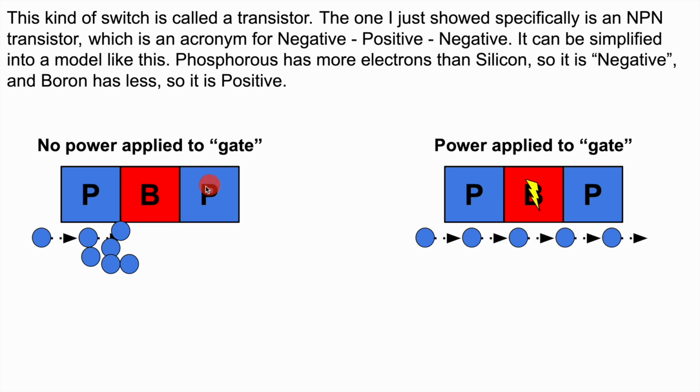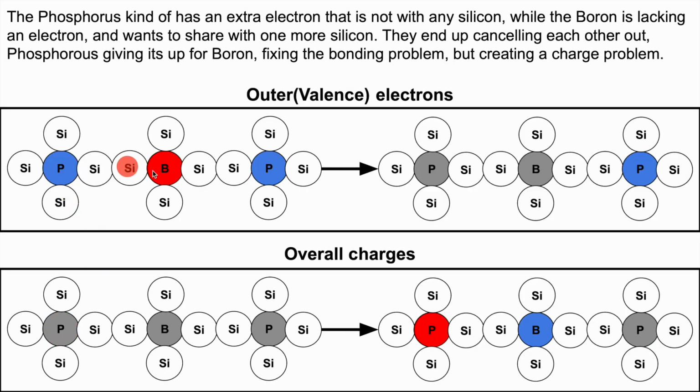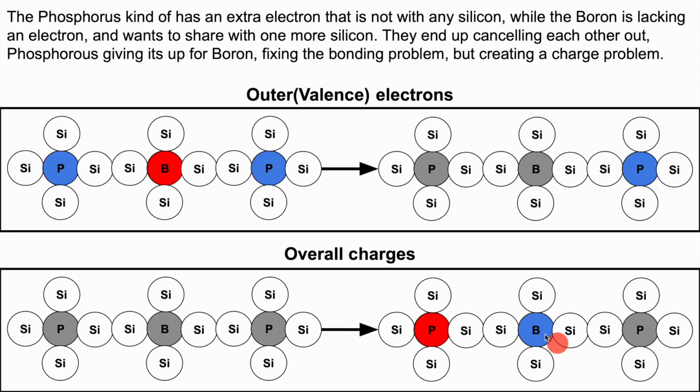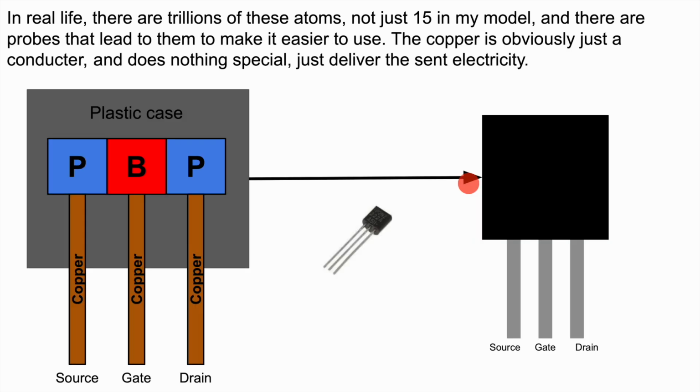The specific one that I just showed you is called an NPN transistor because this is negative, positive, negative. And over here, it seems like it is negative because of what happens over here. So, the electrons, after everything cancels out, get repelled from here and they get attracted to here. But when you apply power, everything flows smoothly.